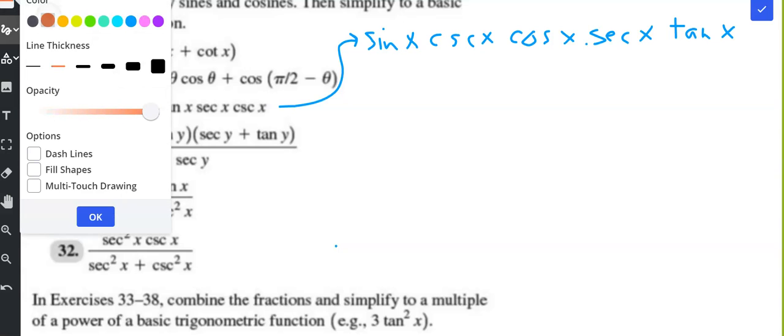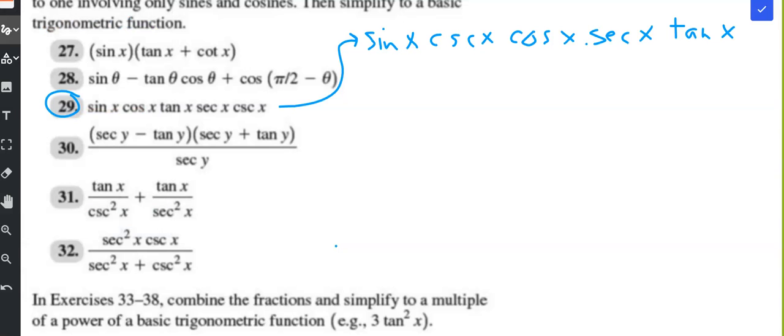Now, there's nothing wrong with rearranging the terms because it's all multiplication. It's no different than if I said 2 times 3 or 3 times 2. But there is a reason why I've done this.